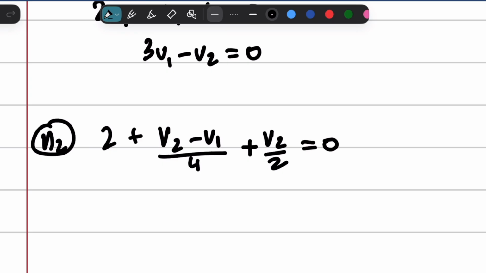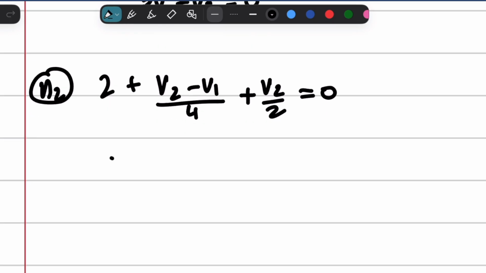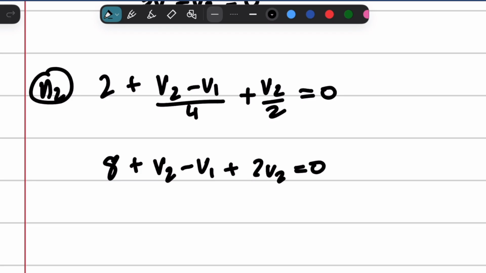We're going to multiply both sides by 4. We're going to get v2 minus v1 plus v2, 2v2 is equal to 0. And simplified, we're going to get negative v1 plus 3v2 is equal to negative 8.